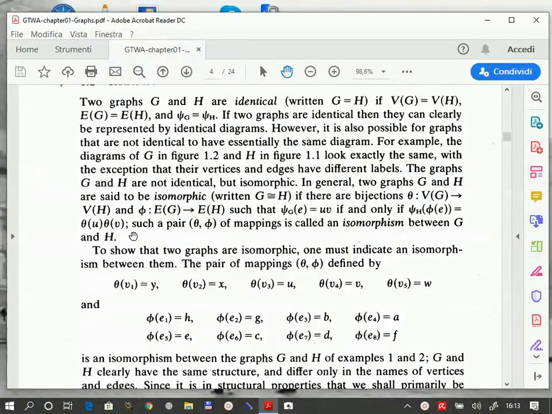And you can check that. I don't go back now to the original graphs that we had, G and H at the beginning.